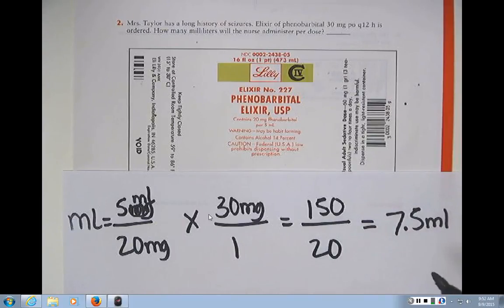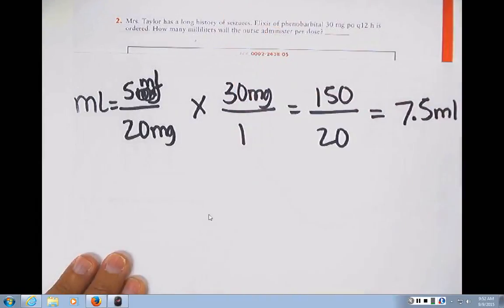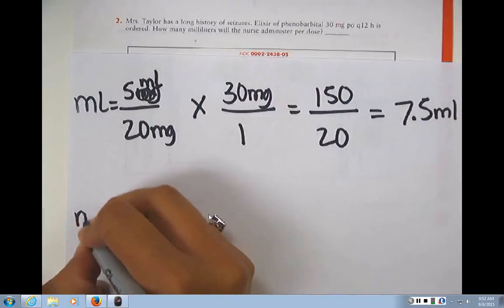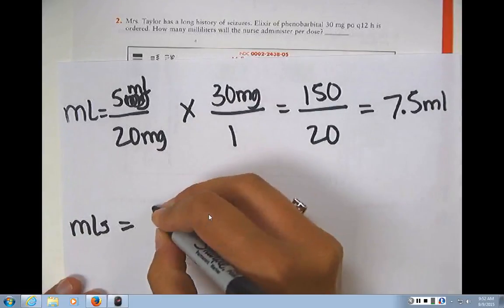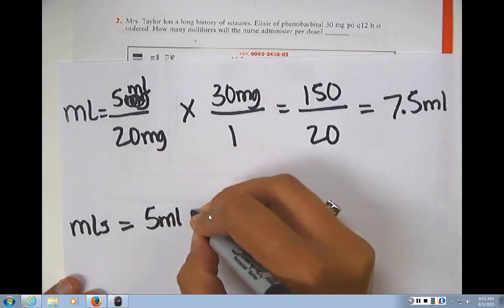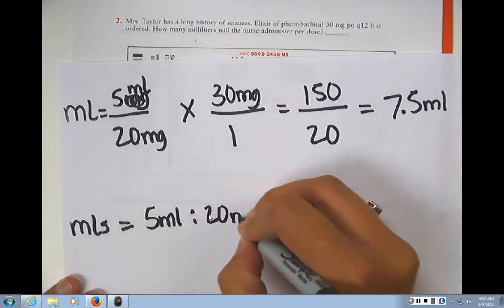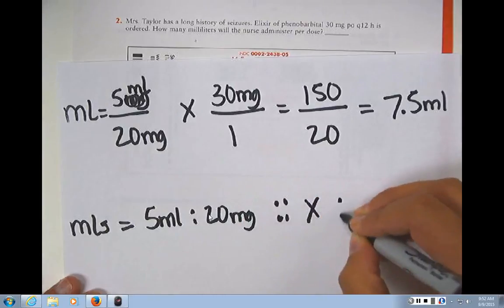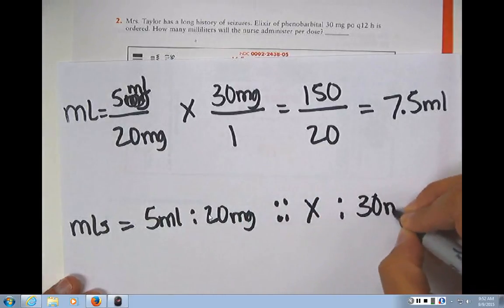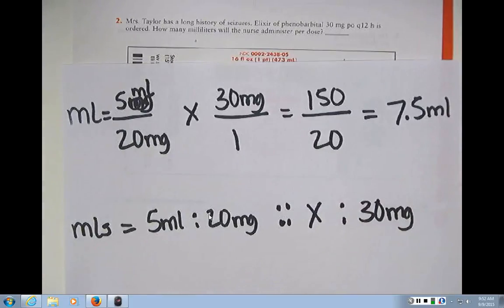Let me show you a proportion one time on this one. So again, you'll be solving for mLs. And with this one, you're going to put 5 mLs is to 20 milligrams as x is to 30 milligrams. I'm going to multiply my outers and then my inners.